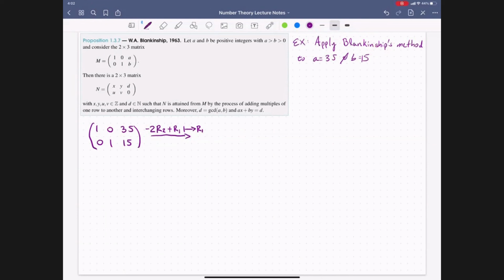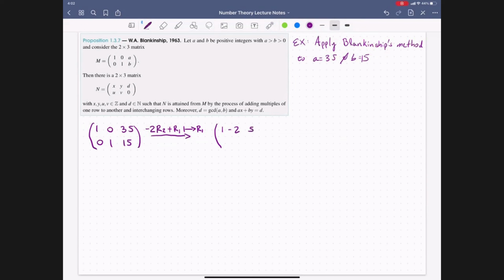So the 1 stays the same, since we're doing negative 2 times 0 plus 1. But here we'll have negative 2 plus 0, so we have a negative 2 in this entry. And then negative 2 times 15 is negative 30, and then plus 35 we get positive 5.